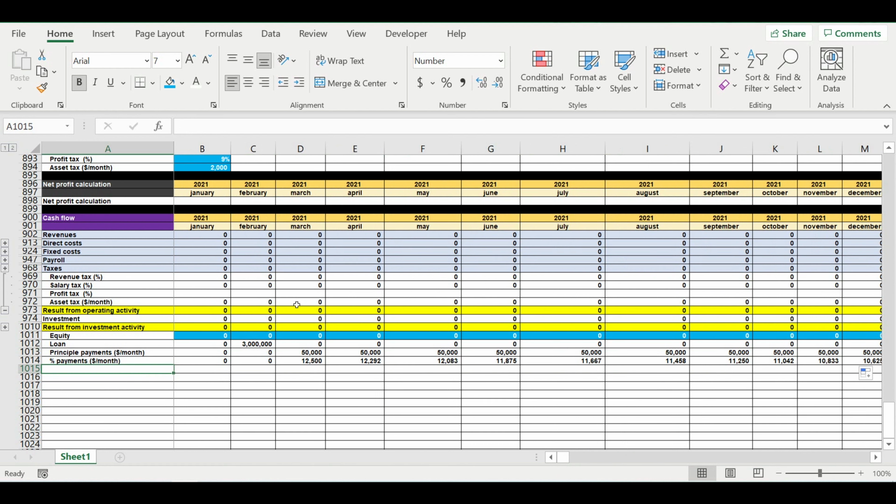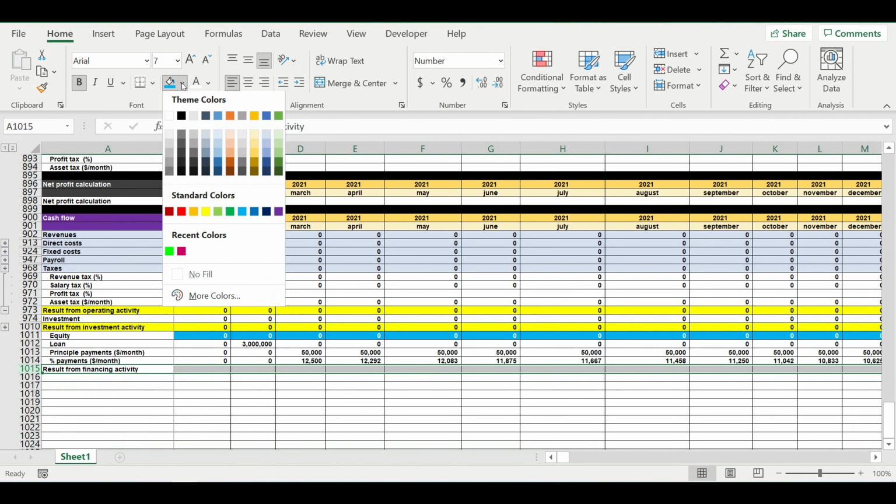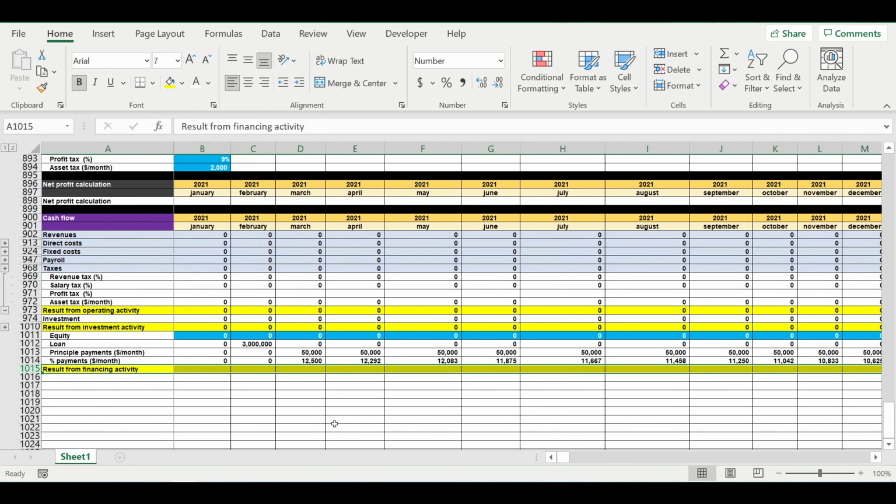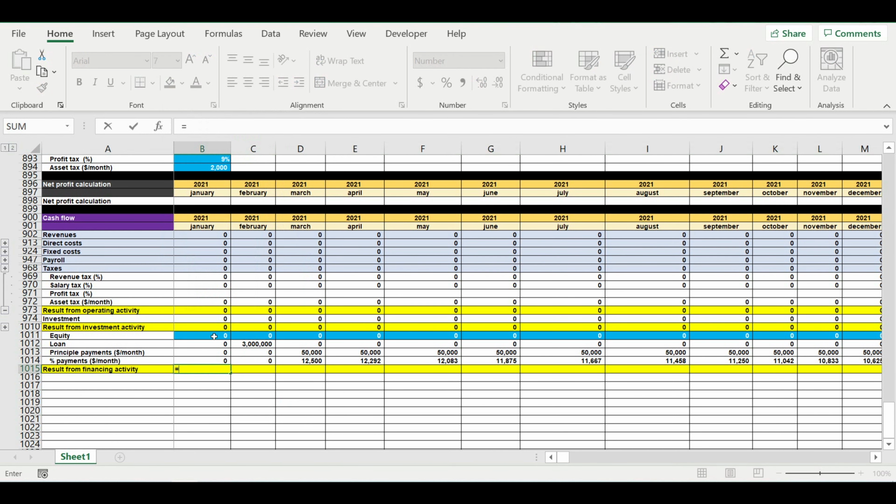So result from financing activity. This will be our money from the pocket plus loan minus principal minus interest.